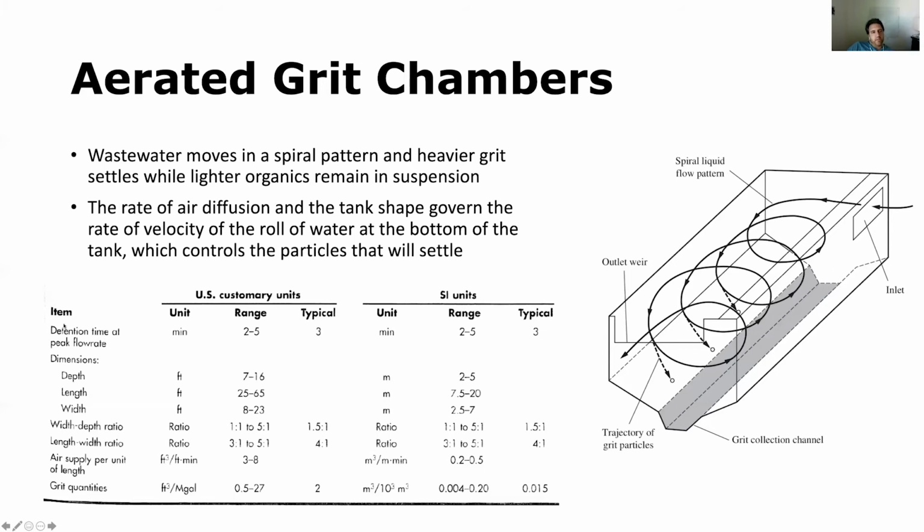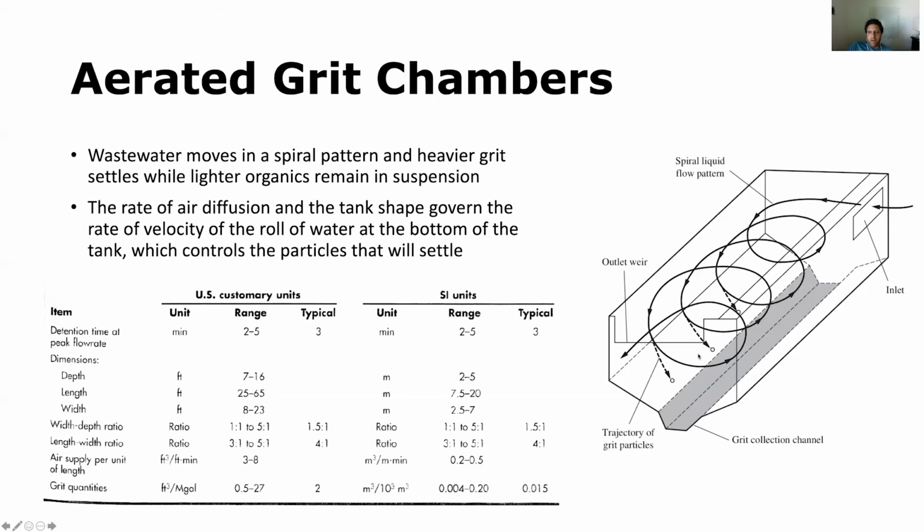All right, so we have some typical detention times at peak flow rate conditions. We've got some typical dimensions of the depth, length, and width. We've got ratios that should be adhered to: width to depth ratio, length to width ratio, and the amount of air that's supplied per unit of length.